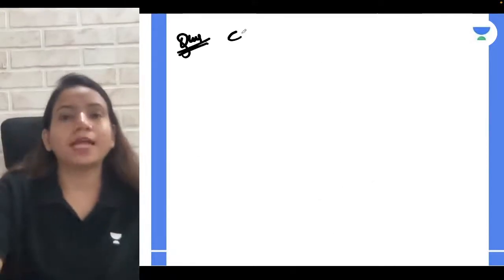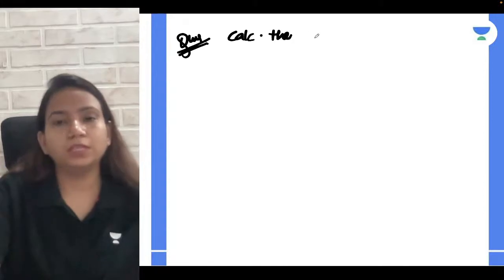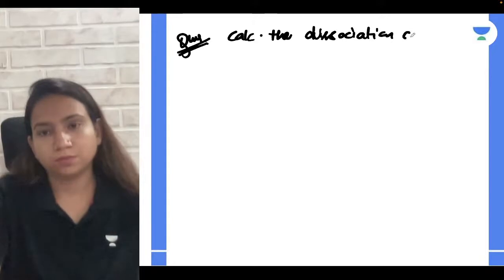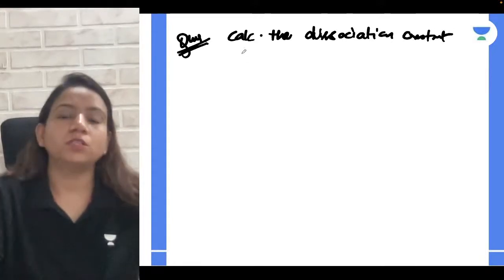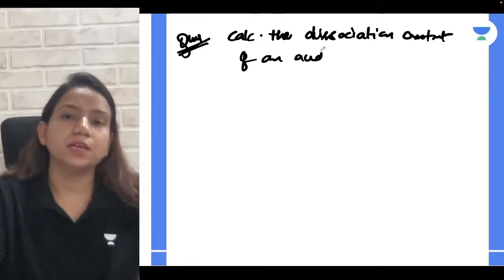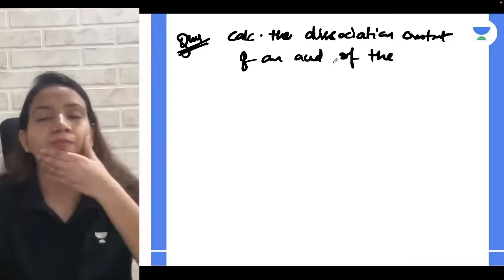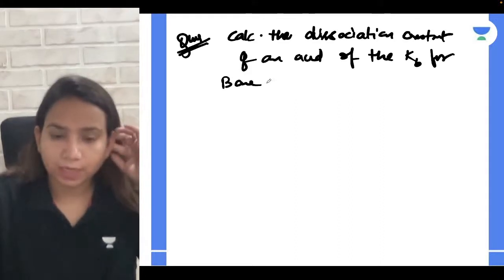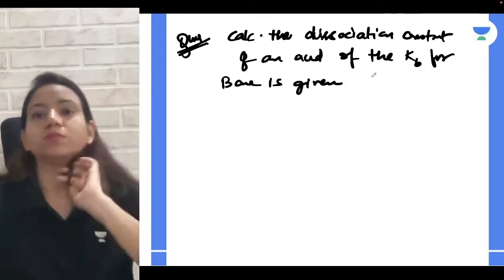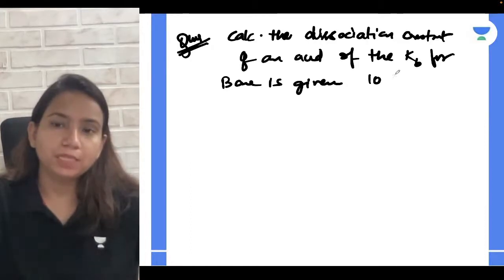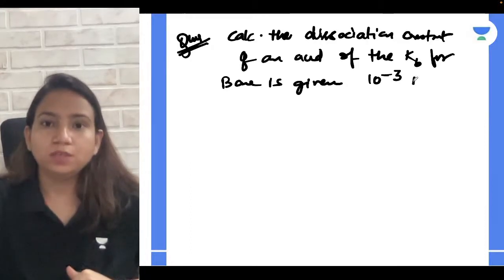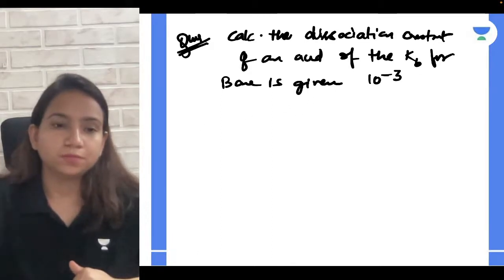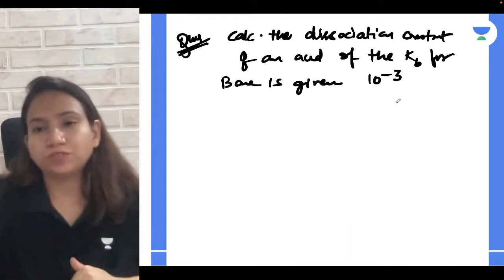The question is, calculate the dissociation constant of an acid if the Kb for the base is given as 10 to the power minus 3, at 25 degrees Celsius.